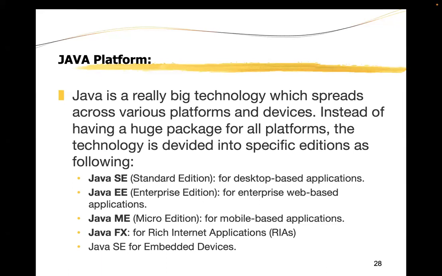ME means the micro edition. Because Java is a big technology that has spread across various platforms and devices, rather than having a huge package for all the platforms, the technology is divided into specific editions, so the size of the package becomes less.